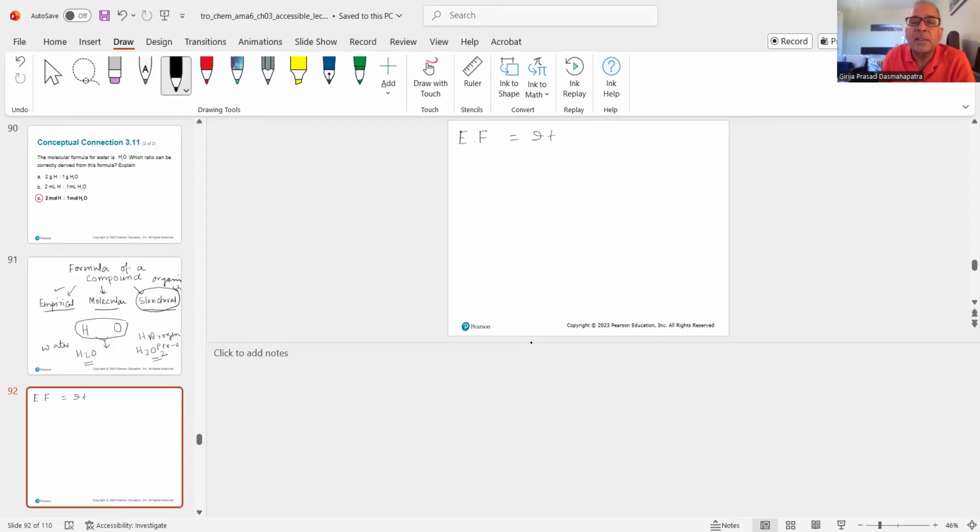It represents the simple ratio of atoms of elements present in a compound.